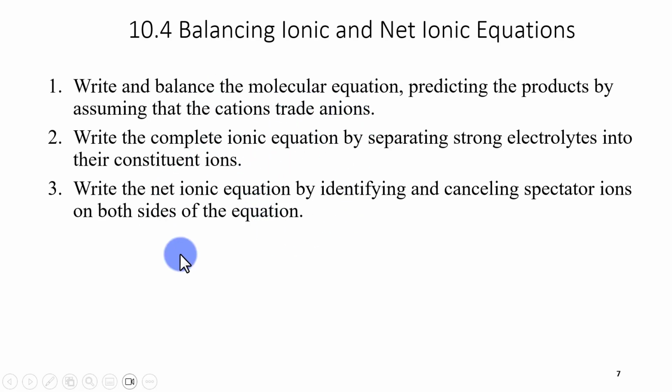Once that happens, you can write the complete ionic equation by separating those that are strong electrolytes into the ions that make them up. The net ionic equation then will be the equation that is left over when you cancel the spectator ions that appear on both sides of the equation.